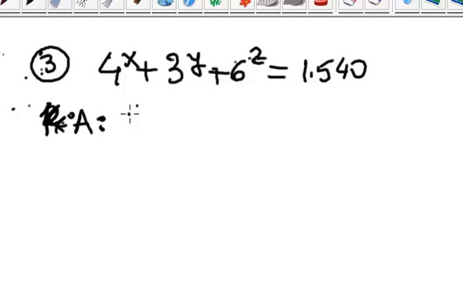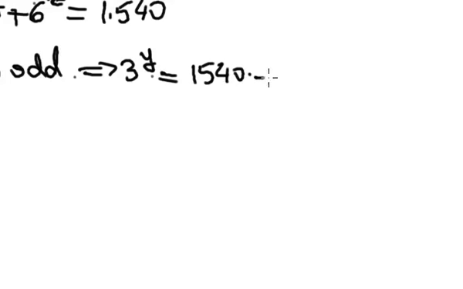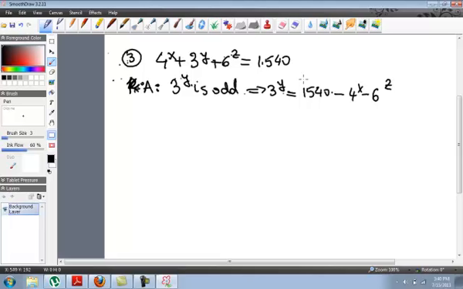Well, we firstly remark that the number in the middle is always odd. So if we pass to the right side 4 to the x power and 6 to the z power, we obtain an odd number equaling an even number.